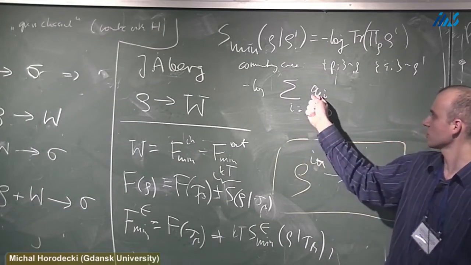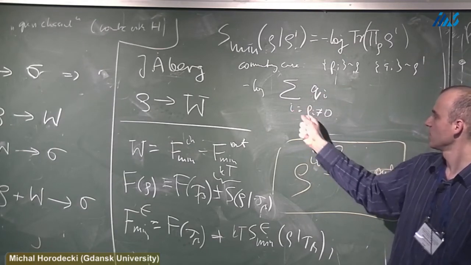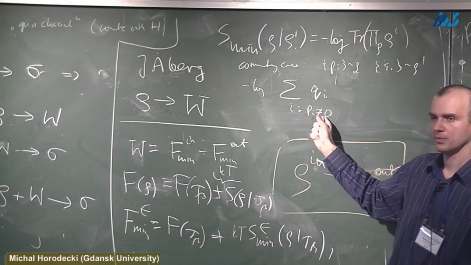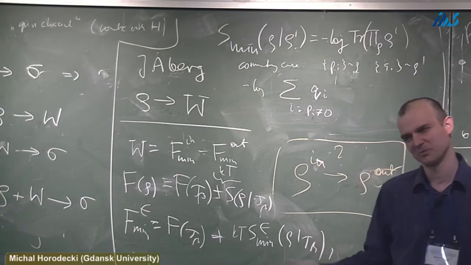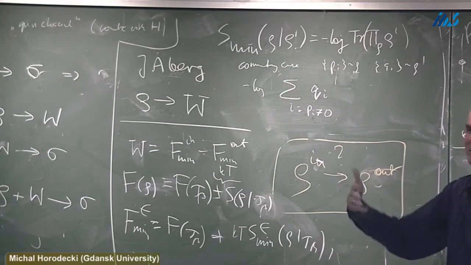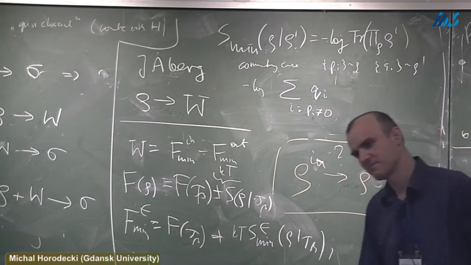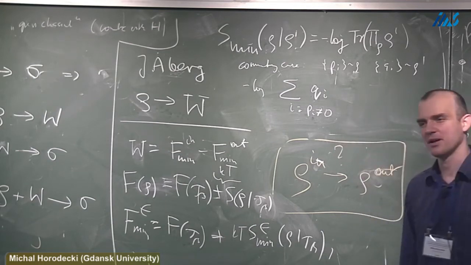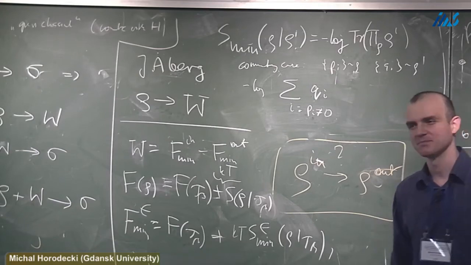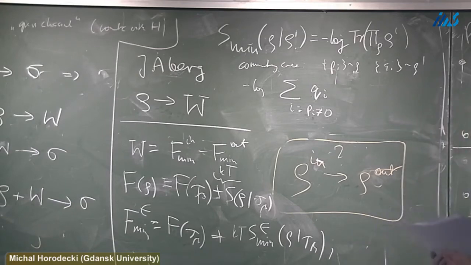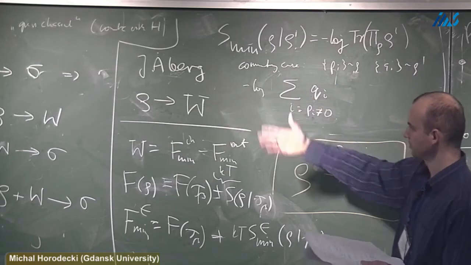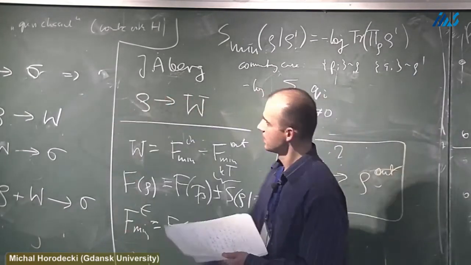So it takes only these Qi for which you had non-zero Pi. That's a very crude way of depending on Pi. It only distinguishes whether it's empty or non-empty. No, but why is it such a crude dependence? Yeah, this I will come to later. You will see from the protocol how you really get this to work.